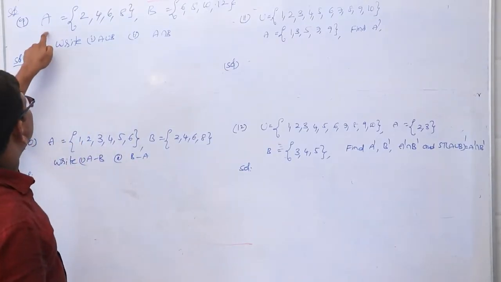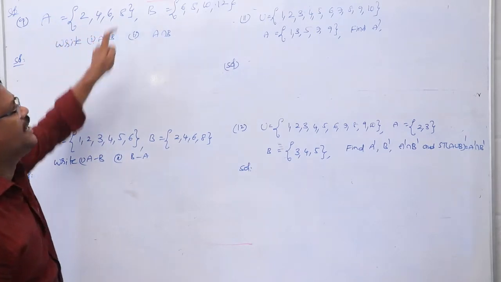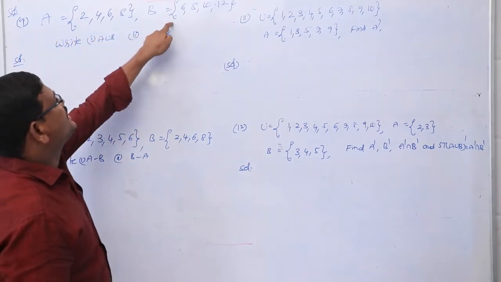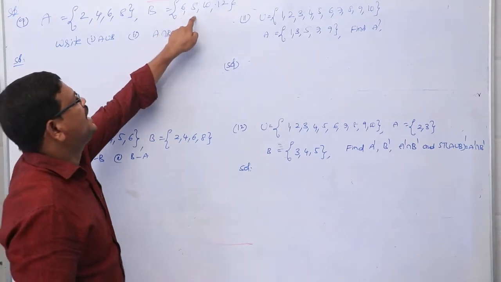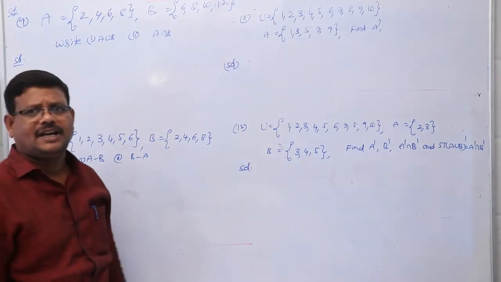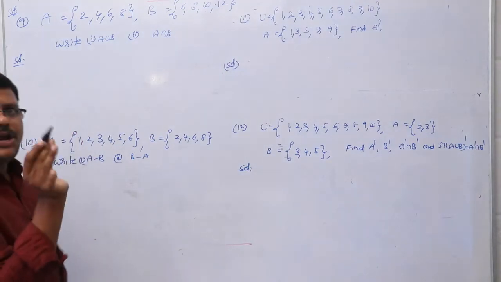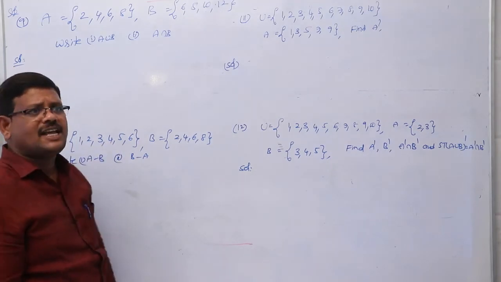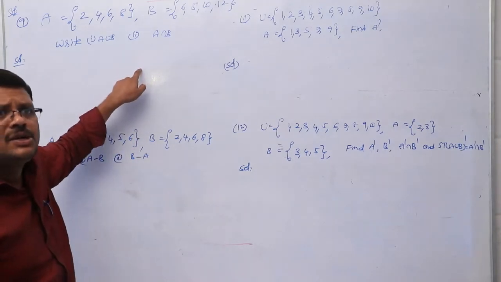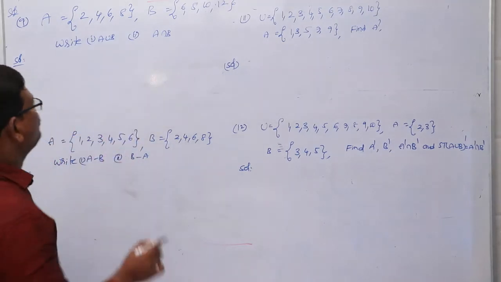Next one: if set A has the elements 2, 4, 6, 8 and set B has the elements 6, 8, 10, 12, write A union B and A intersection B. What is A union B? A union B is defined as the set of elements which are in either A, B or both.